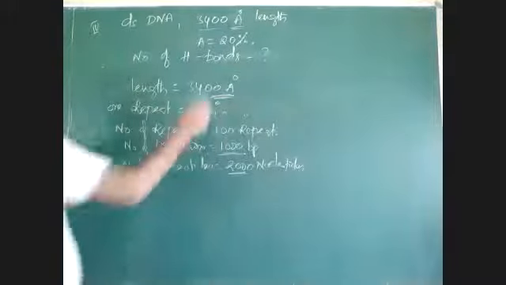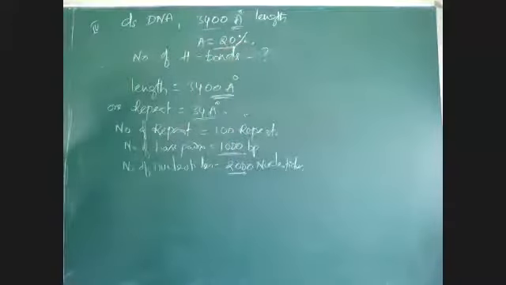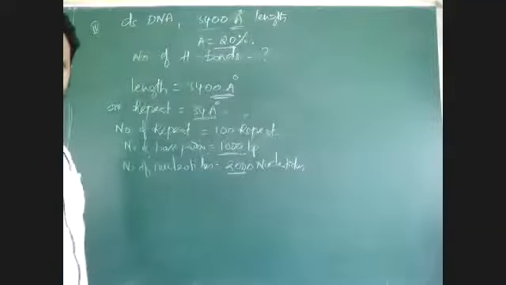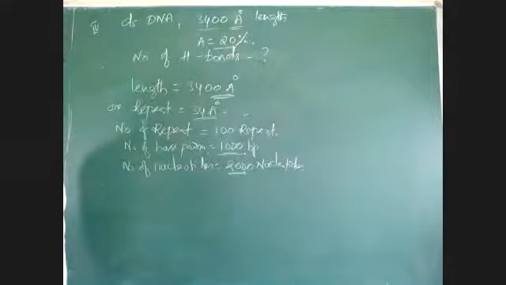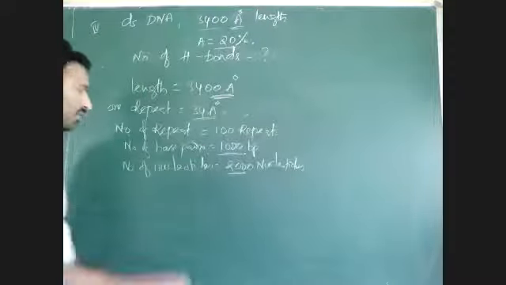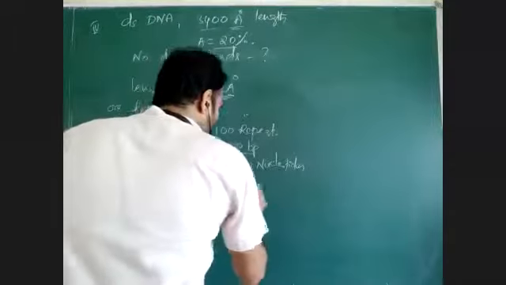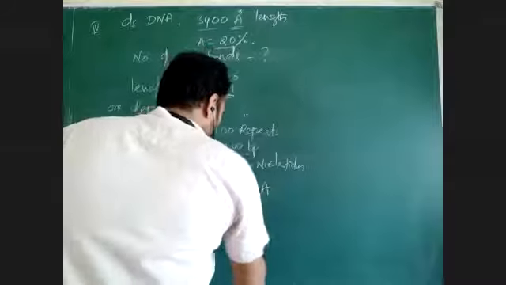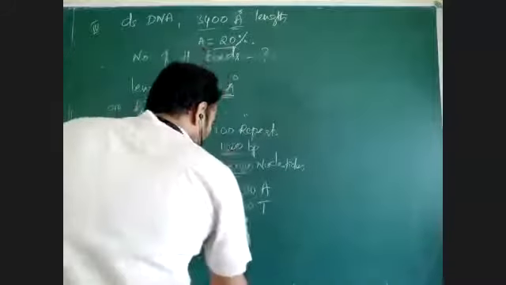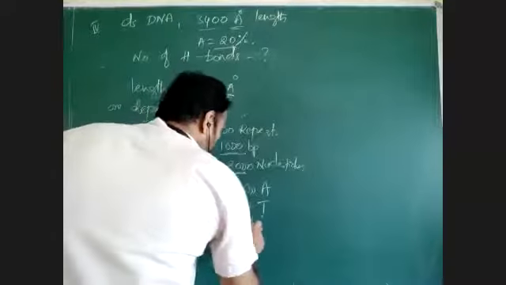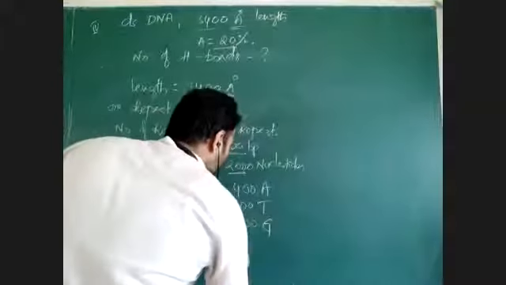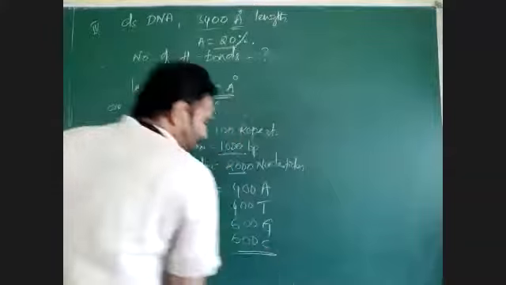In that 2000 nucleotides, adenine is equal to 20%. Adenine is 20% means for 100 it is 20. So for 2000, A is equal to 20% means 400 adenines will be there, 400 thymines will be there, and the remaining 600 cytosines and 600 guanines will be there.